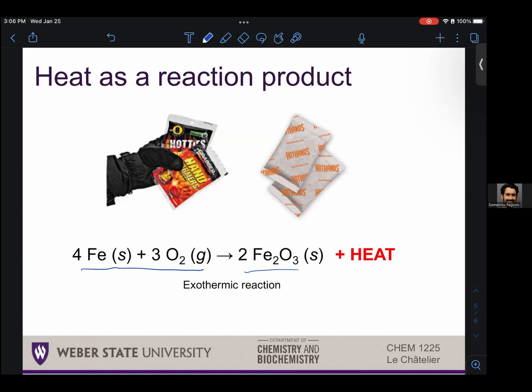Right. And more importantly, from your perspective, it also puts out quite a bit of heat. Right. And so when you do this chemical reaction, one of the products you get from it is heat itself. Whenever you get heat out of a reaction, we call that an exothermic reaction.